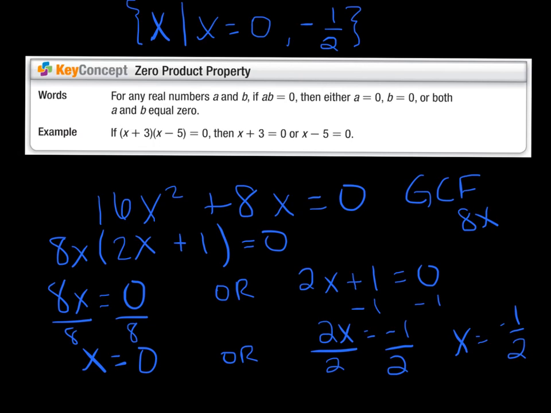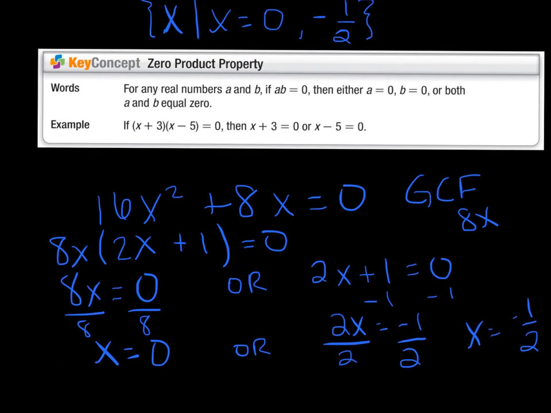So if you notice in this problem, we have an equation that has two terms. Okay, so we've got an x squared term and an 8x term, correct?